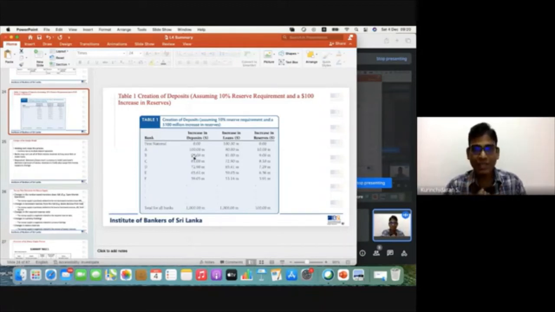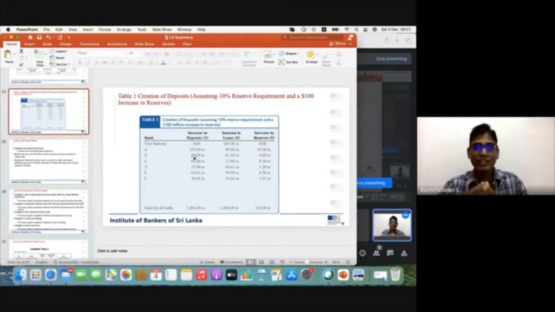So the central bank controls deposit creation by setting a percentage as the reserve requirement. Based on market conditions, the central bank changes the rate. When the reserve requirement increases, your deposit creation ability will decrease.